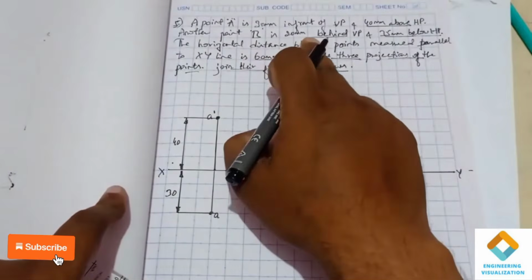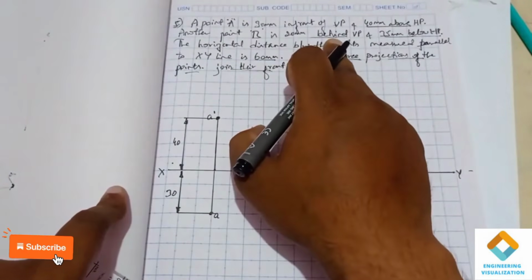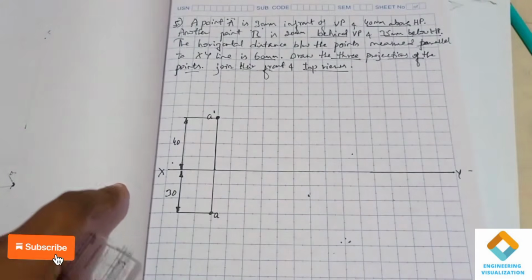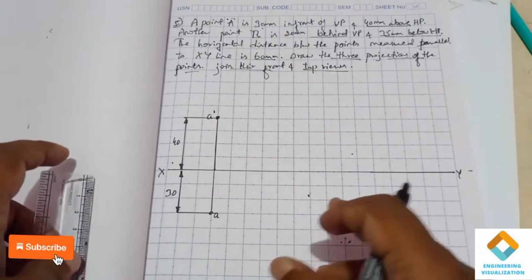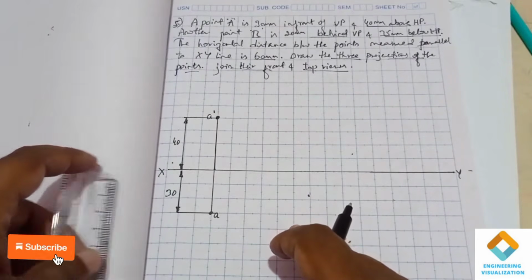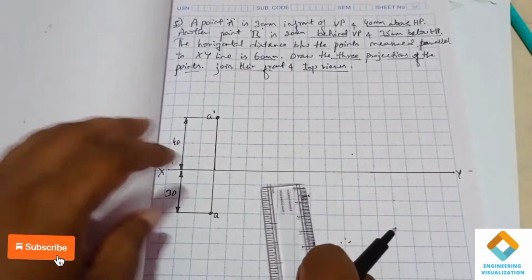Now point B is 20 mm behind VP and 35 mm below HP. Below HP means it is the third quadrant. Behind VP means it is the top view, so the top view we are getting above the XY line.